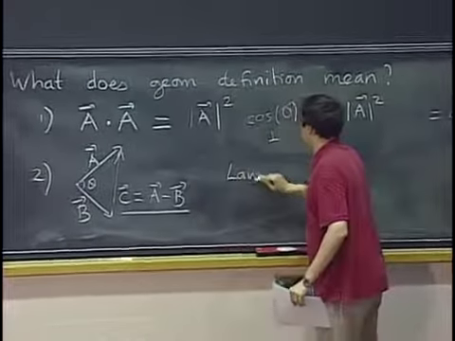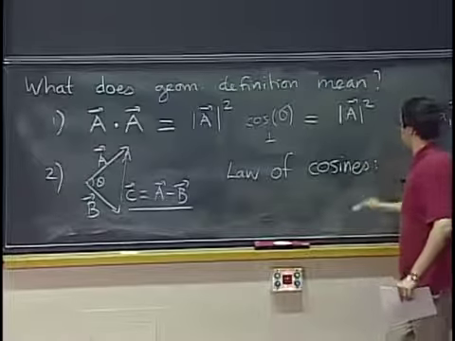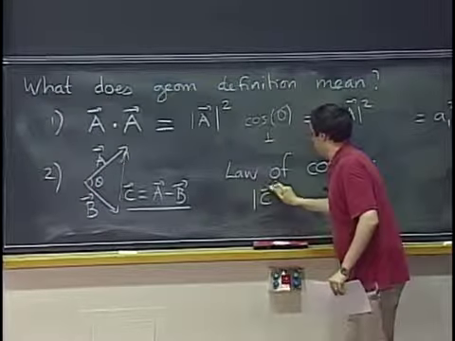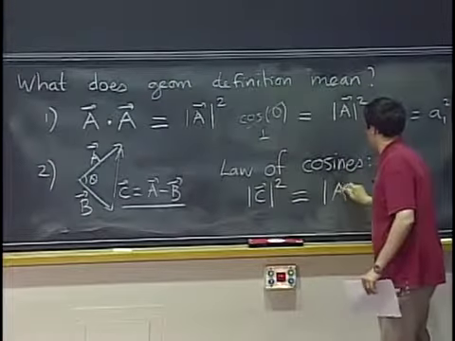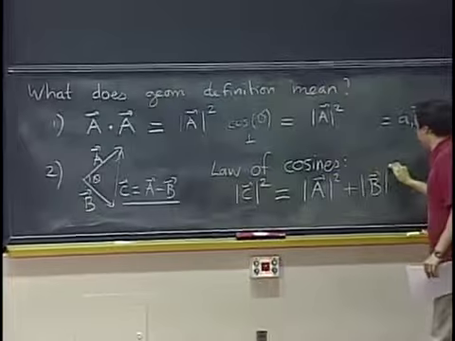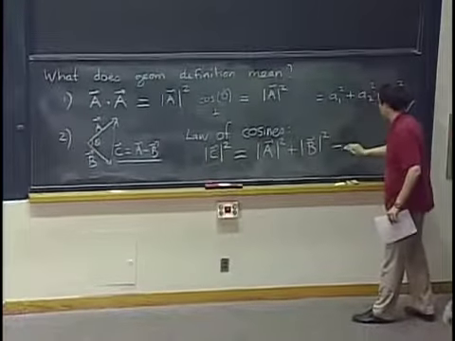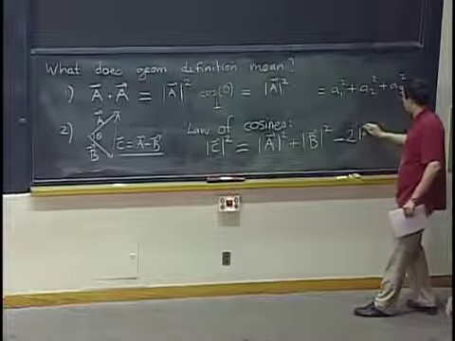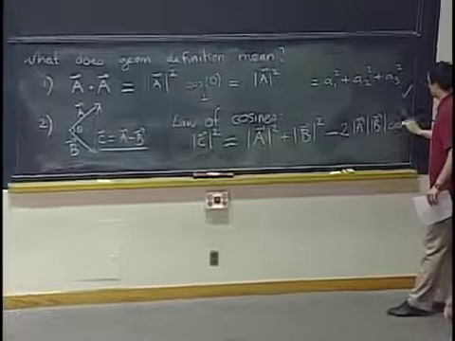So the law of cosines says that the length of the third side in this triangle is equal to length A squared plus length B squared. Well, if I stopped here, that would be Pythagoras, but I don't have a right angle. So I have a third term, which is twice length A, length B, cosine theta.